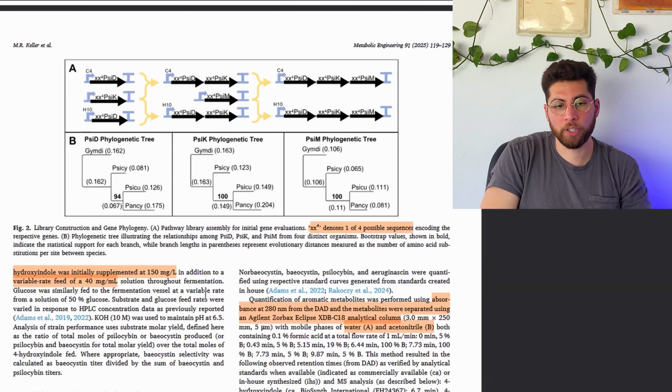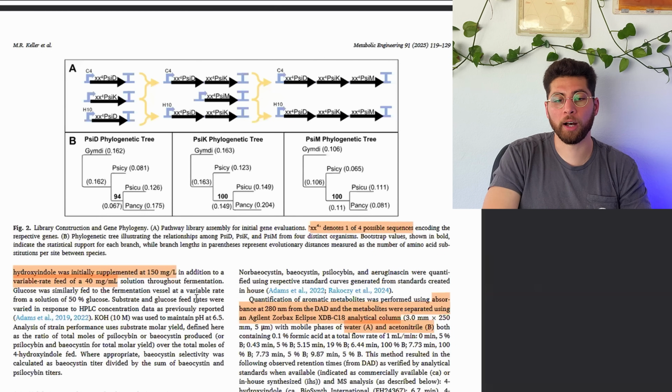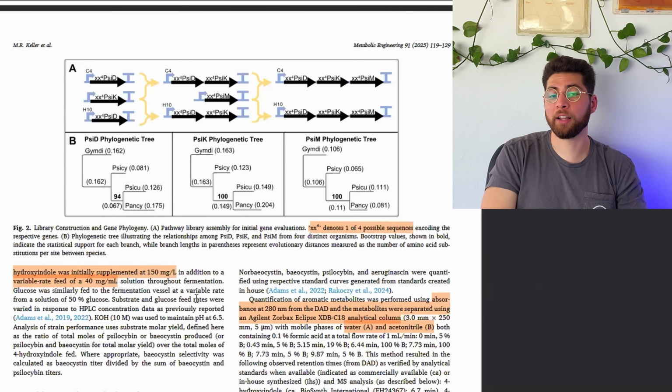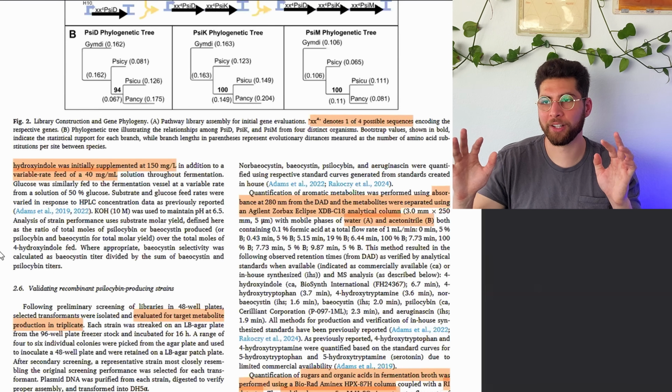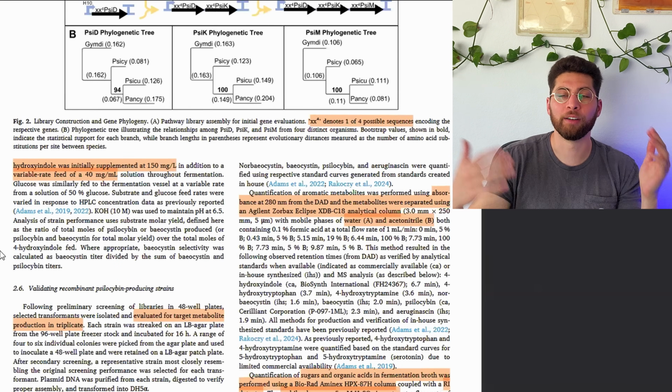And then they're saying their supplementation with the 4-hydroxyindole was at 150 milligrams per liter in the bioreactor, and then they varied the feed rate. So not only are they supplementing glucose throughout time, but they're also supplementing the 4-hydroxyindole, which is the precursor. And they must have added a lot or found out that 4-hydroxyindole is at least partially toxic to the cells, because if they're making 1.5 grams per liter of psilocybin, then you would have to do the molar calculations, but they need to be adding on the order of grams per liter of 4-hydroxyindole.